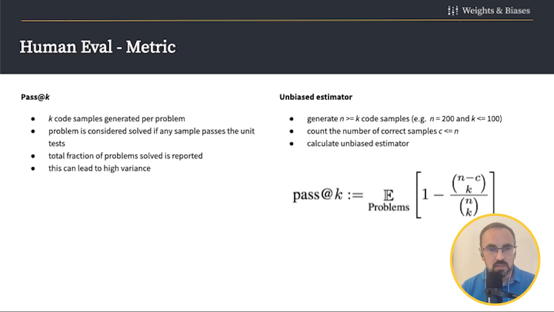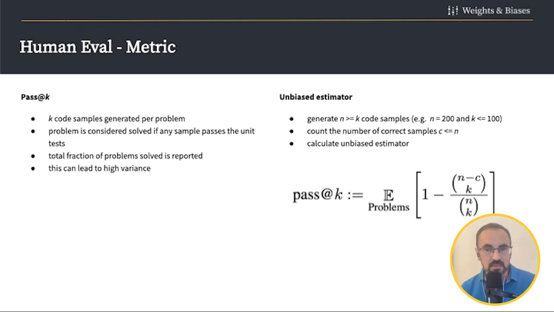Now, it's important to note that even if we report pass@1, it does not necessarily mean that we generate only one example, because this can lead to high variance. Instead, what is explained in this paper, and what is also done during the evaluation, is we generate a higher number of code samples.